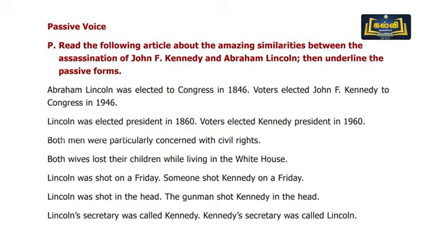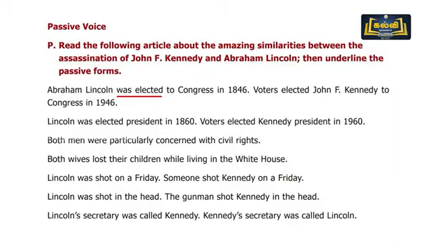While you read, you have to identify the passive form, that is the auxiliary verb followed by the past participle of the verb. Abraham Lincoln was elected to Congress in 1846. Voters elected John F. Kennedy to Congress in 1946. See, in this sentence, Abraham Lincoln was elected.